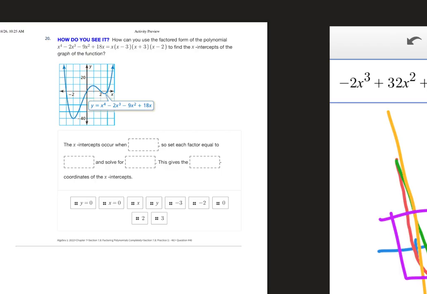Last one. How can you use the factored form of the polynomial to find the x-intercepts of the function? The x-intercepts occur when y equals 0. This is just a fact about x-intercepts. Okay? So set each factor equal to 0, and solve for x.